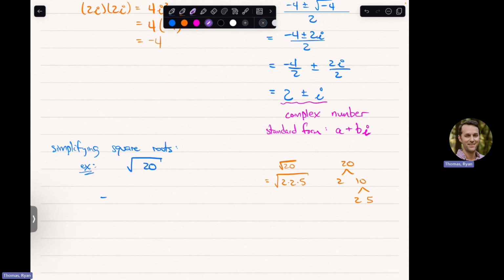And because it's a square root, anything that shows up twice under the radical can come out of the radical. So the square root of 20 is 2 and leaves behind the square root of 5 underneath. So that's how that part would work. The square root of -1 is i.